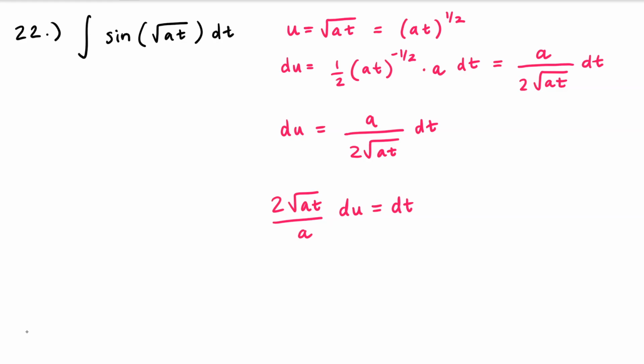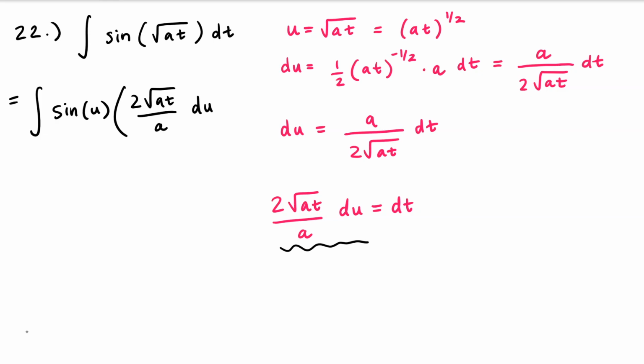Okay, so coming back to my original integral, we have the integral of sine of u dt is getting replaced with this expression here. So I have 2 times the square root of at over a times du. Now I do not want t because we're integrating with respect to u. Notice that in our original definition we defined u to be equal to the square root of at.